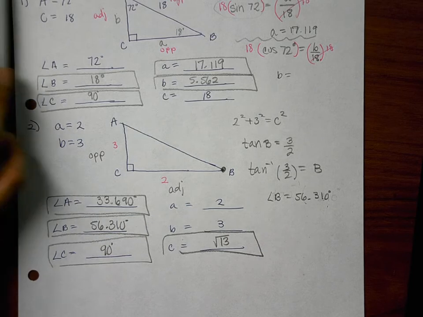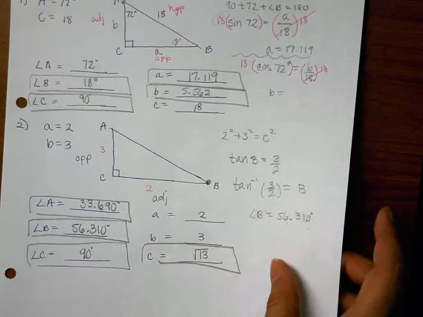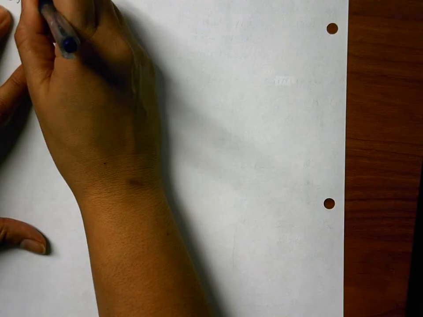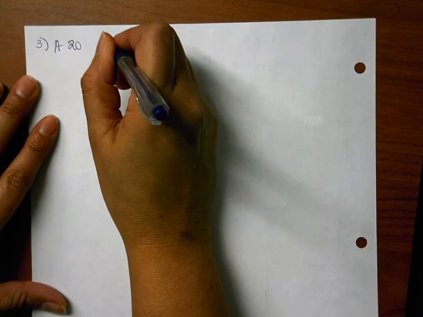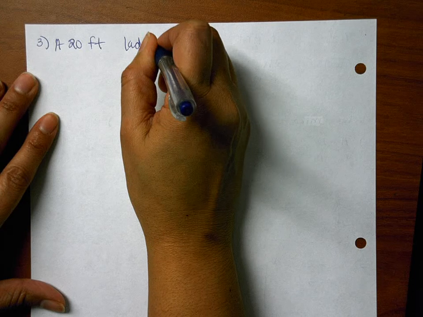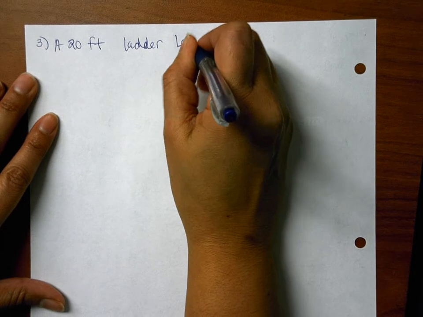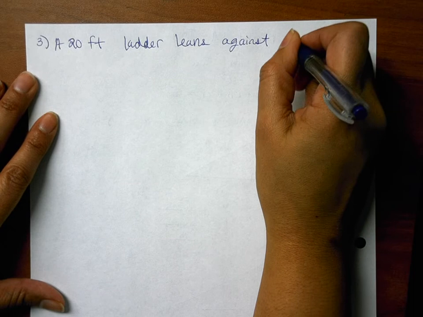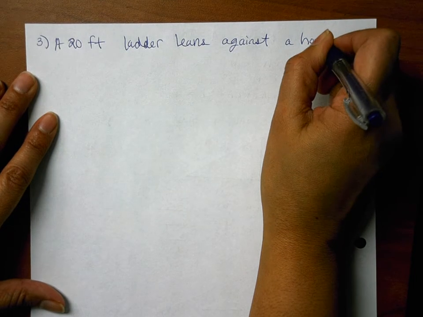All right, last one. Flip it over to the back. A 20-foot ladder leans against a house. This is another typical Math 2 problem.